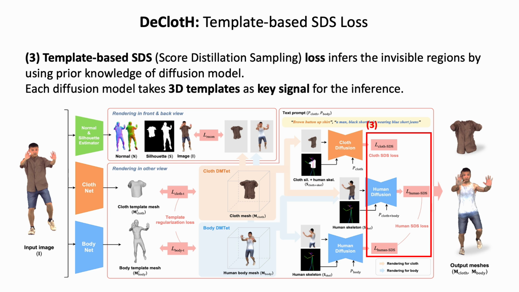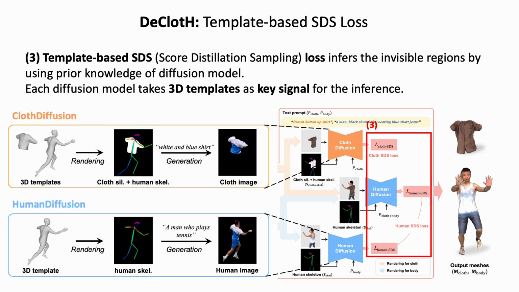Third, the template-based SDS loss infers the invisible regions by using prior knowledge of the diffusion model. A key distinction of our framework is that we design the diffusion models to take 3D templates as a key signal for the inference. Such design ensures that the generated images match the silhouette of the template.